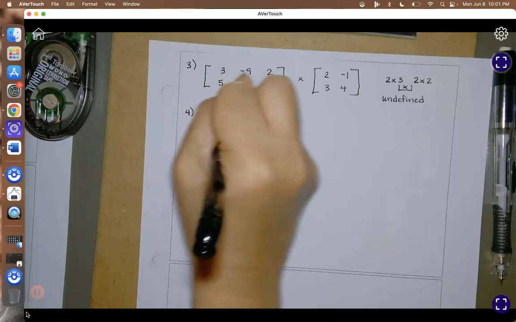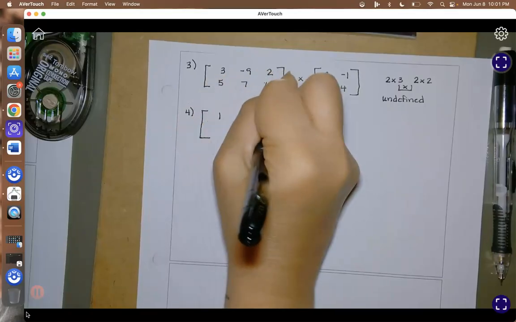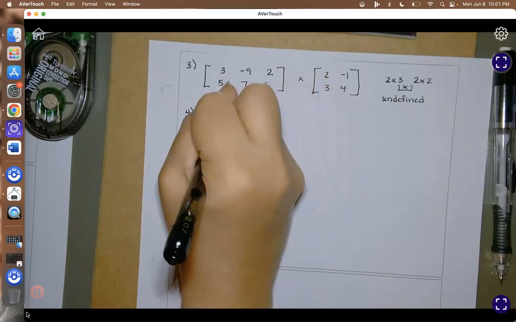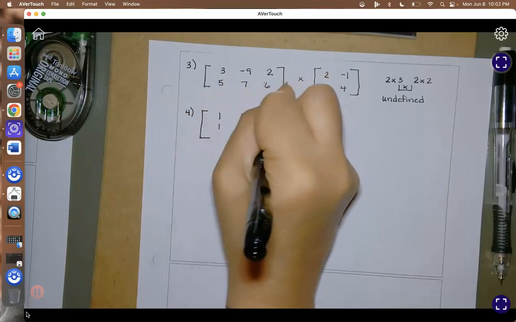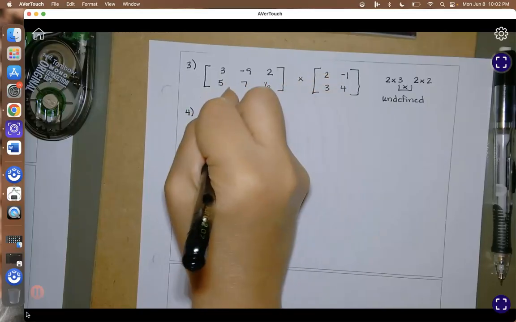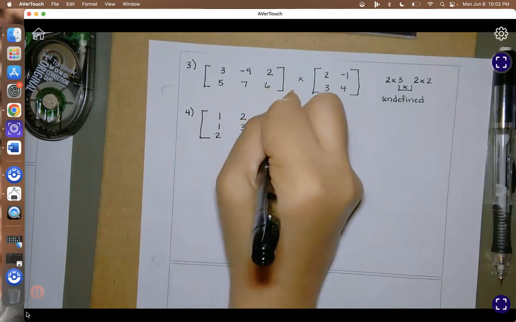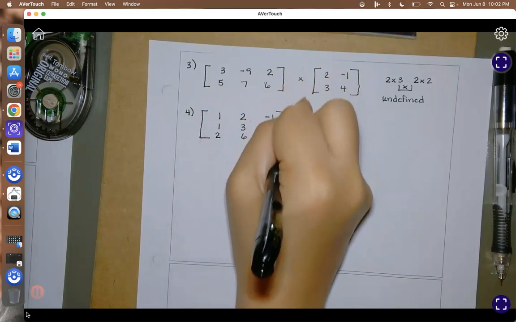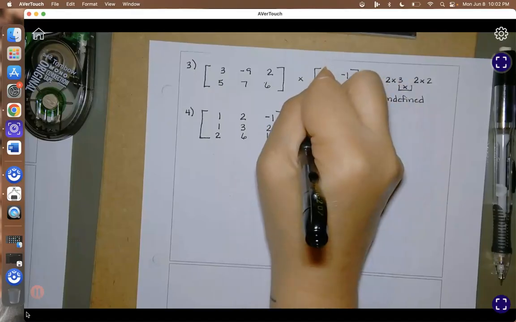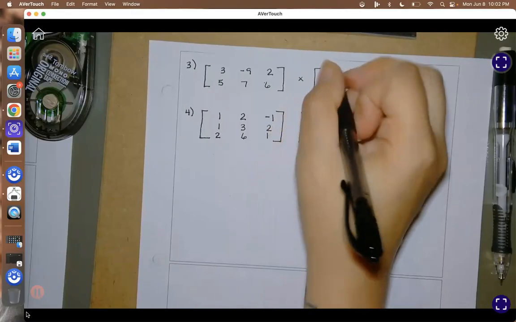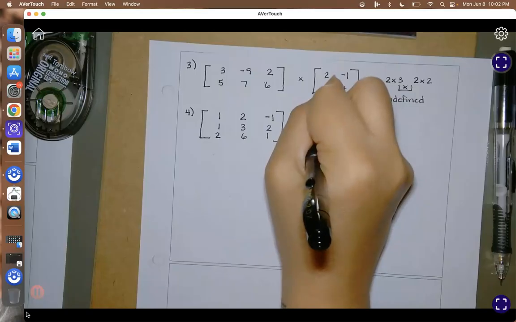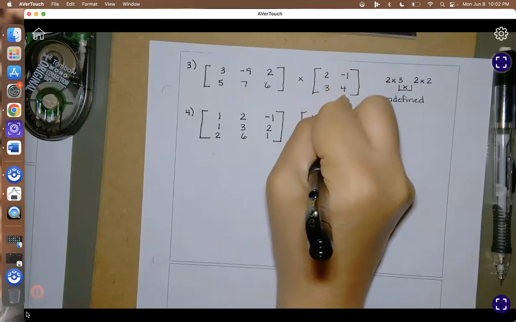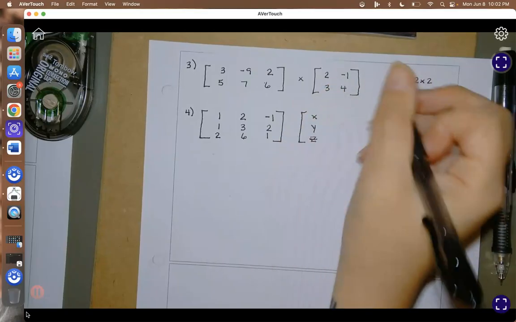So we have 1, 2, negative 1, 1, 3, 2, 2, 6, 1. And the other one's just a singular column of X, Y, and Z. Okay?